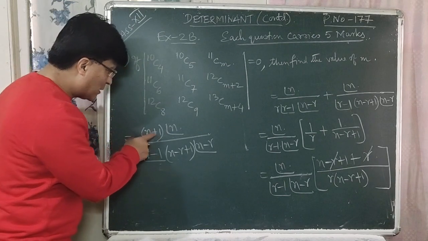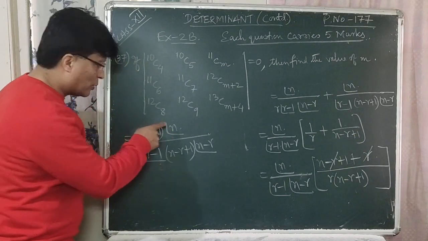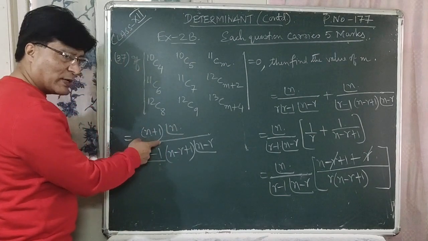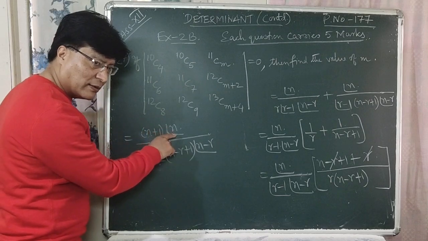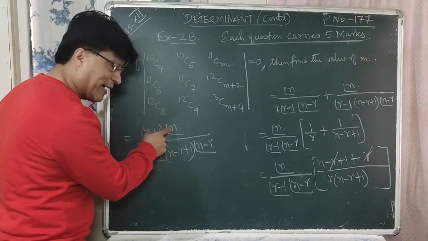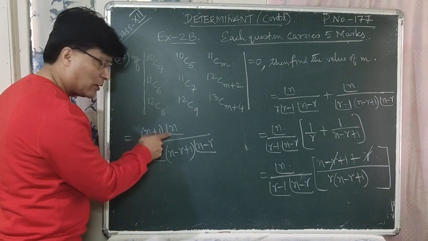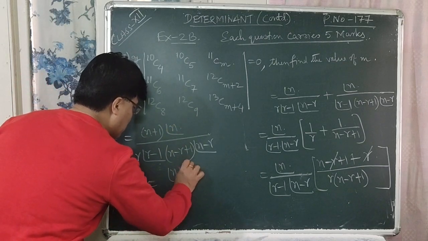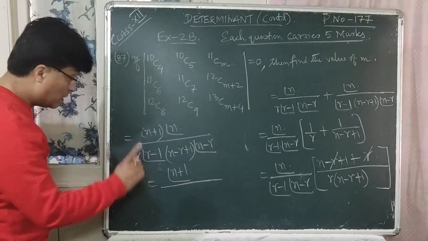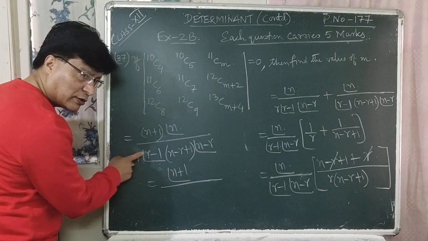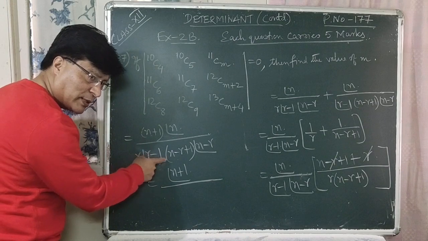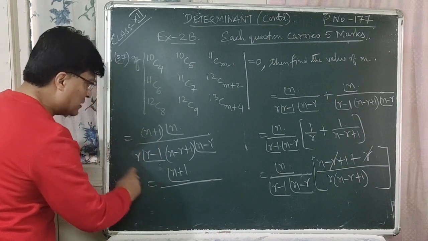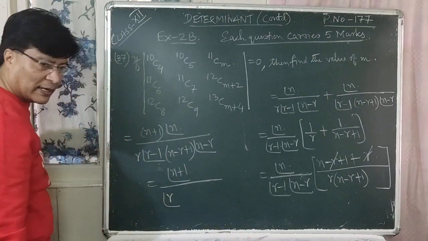So what is n plus 1 factorial n? After this n plus 1 comes, isn't it? If you add 1 to n, it is n plus 1. So these are two consecutive terms. So you can write here factorial n plus 1 divided by, here also these two terms are consecutive, r minus 1, then r comes. So if you combine these two, you will get factorial r.